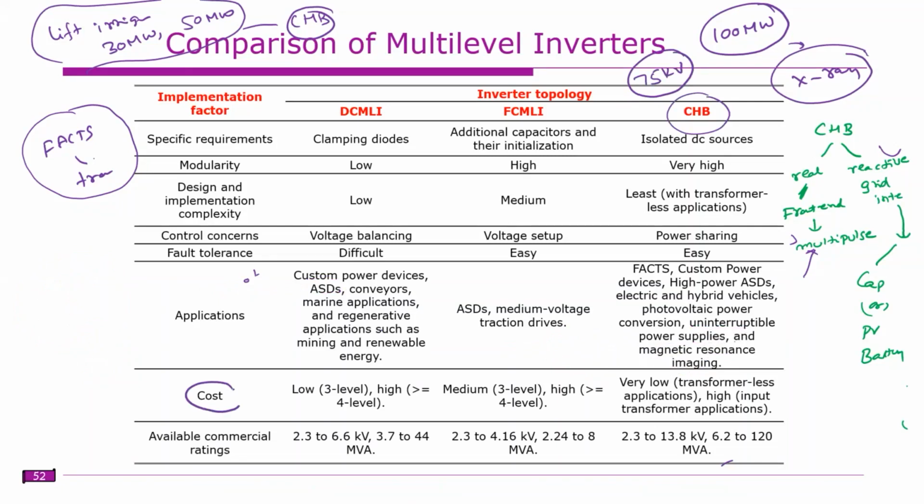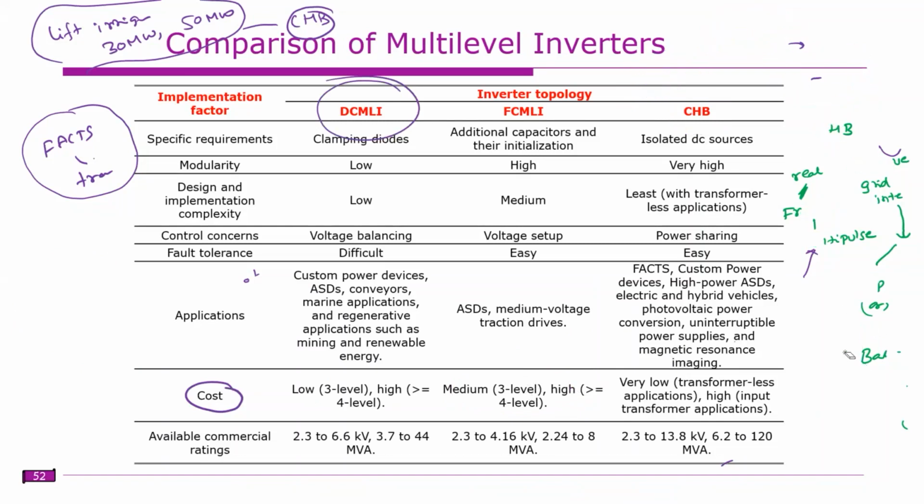So come to the cost. As we already discussed, for low 3-level or 4-level, the diode clamped multi-level inverter is cheaper. In case of flying capacitors, this is also somewhat cheaper in case of 3-level or 4-level. Okay. In case of CHB, as we already discussed, for real power transfer, wherever a front end or multipulse converter is not required, it is very cheap.